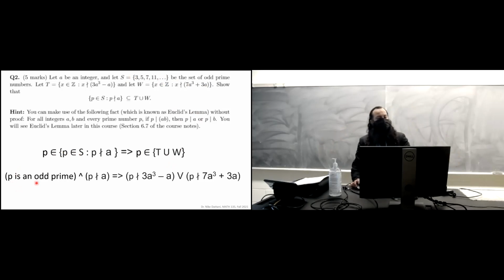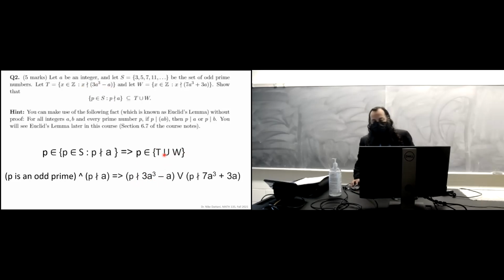So P is an odd prime. And P does not divide A. It's an odd prime that does not divide A. Got it? Now what's T? T is the set of integers such that X does not divide 3a cubed minus A. So we say that an element in T does not divide 3a cubed minus A.